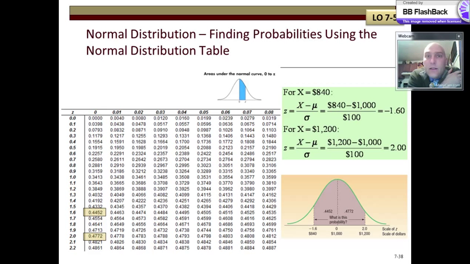In this case, the total probability is the entire area between $840 and $1,200, or between z of negative 1.6 and positive 2. Do not, under any circumstances, say that that distance is 3.6 standard deviations, which it is, 1.6 on the left and 2 on the right, and say, well, if that's 3.6 in terms of its z distance, I'll just look up that number in my z values, and once I find 3.6 in here, the area will tell me the area.